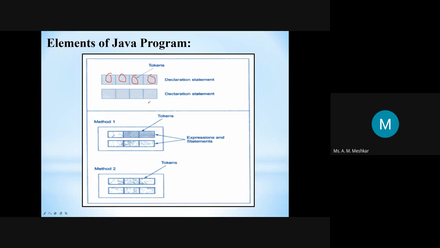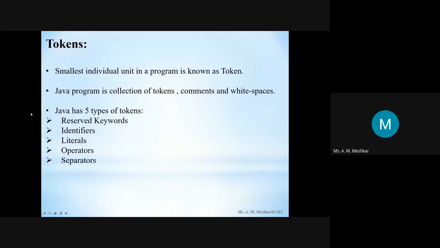As you can see here, the declaration statement is a combination of tokens, expressions or statements are a combination of tokens, and methods are ultimately a combination of tokens. So there are five types of tokens in Java: reserved keywords, identifiers, literals, operators, separators. Okay, five types of tokens.